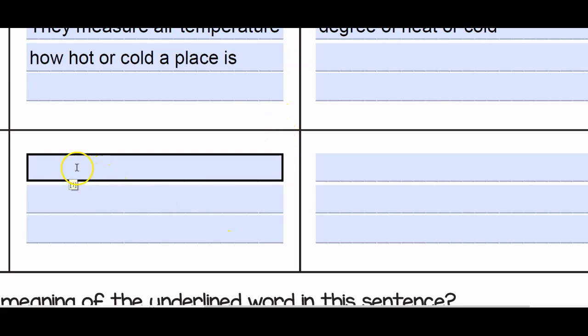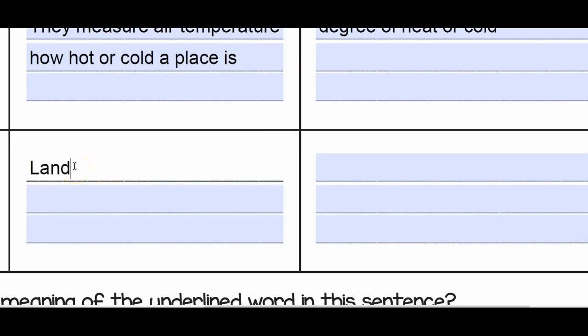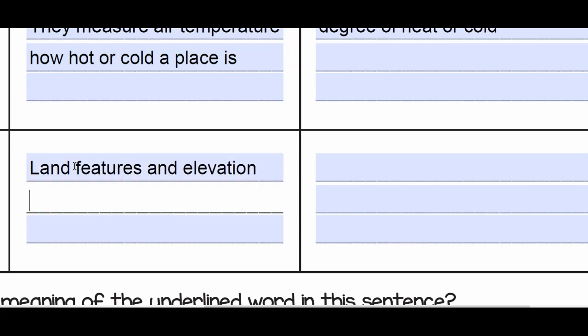Elevation is land features and elevation, which is height above sea level.